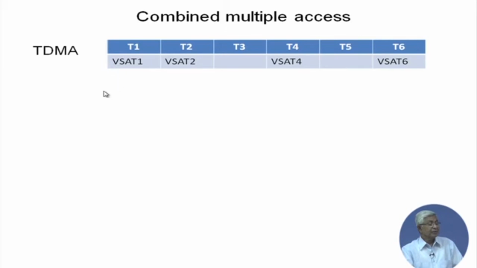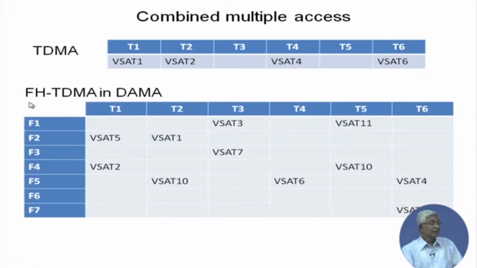So there is a lot of underutilization. That can be avoided by putting this into the frequency and time domain simultaneously. It is called FH TDMA. It normally operates in demand assigned multiple access mode, DAMA mode. Frequency bands are given, and for each frequency band time slots are taken.